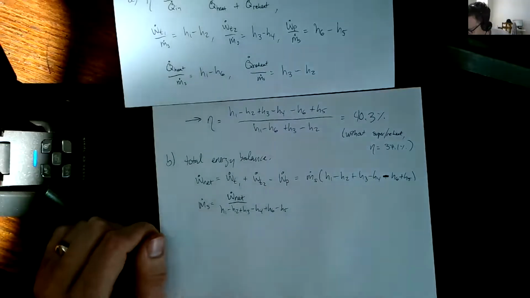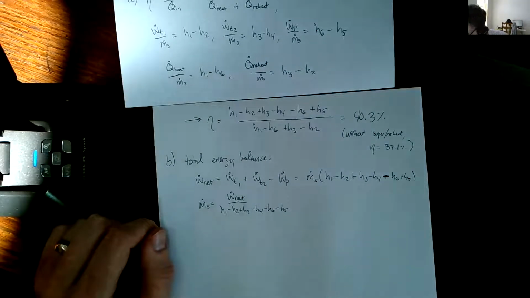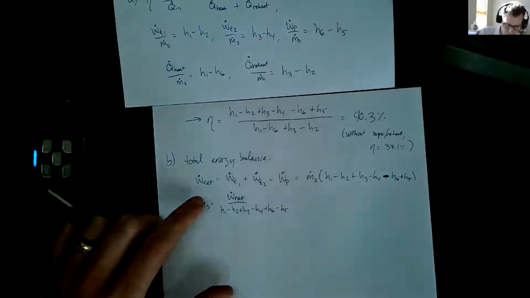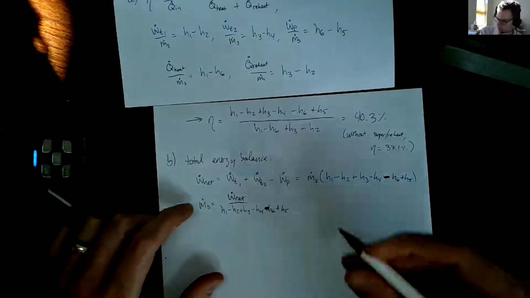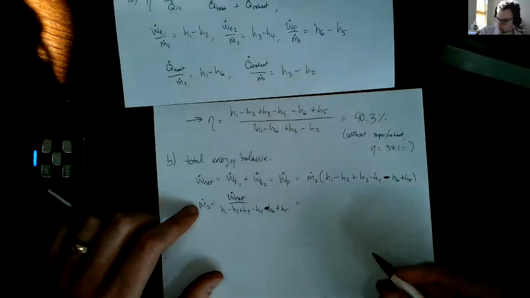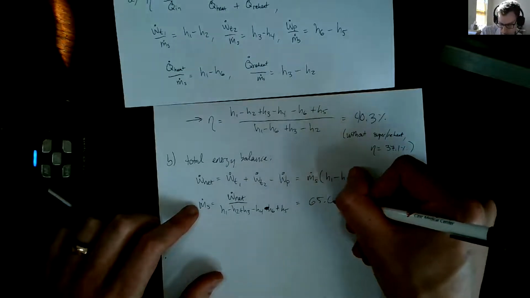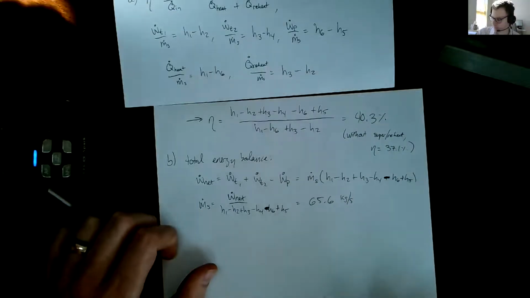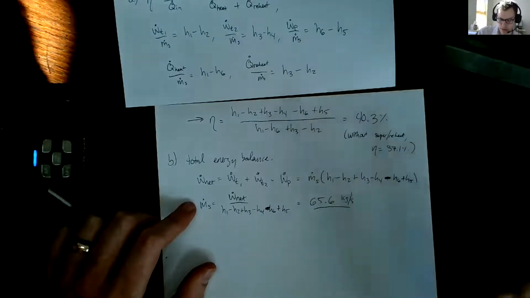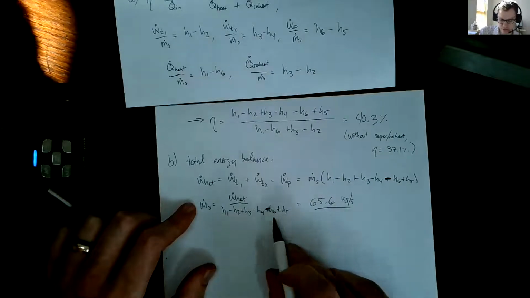Wait a second, I have a sign wrong somewhere. This should be a minus, and this should be a plus. And so this comes out to be 65.6 kilograms per second. This is the right answer. This was just wrong.